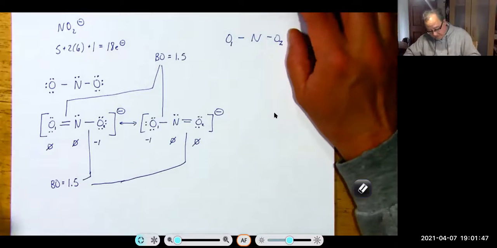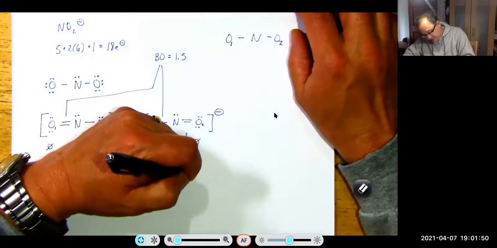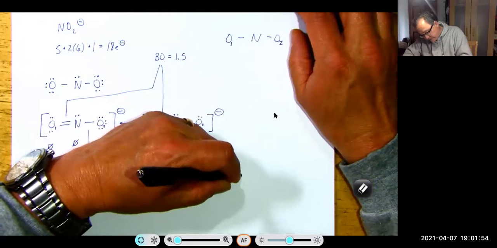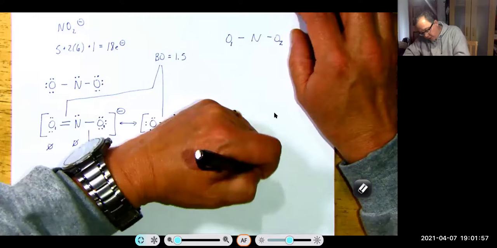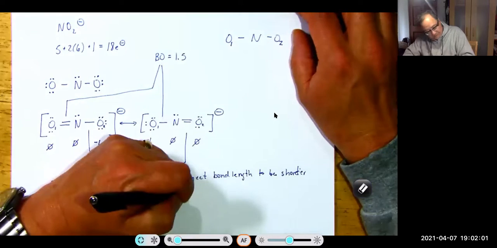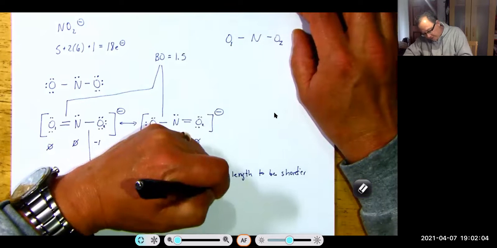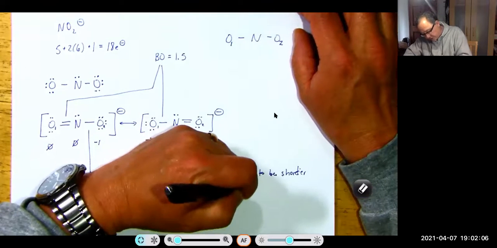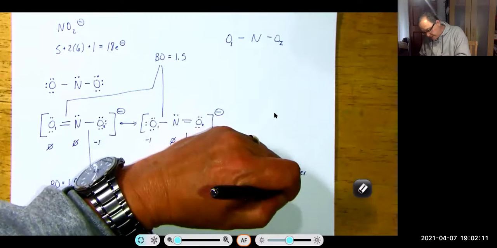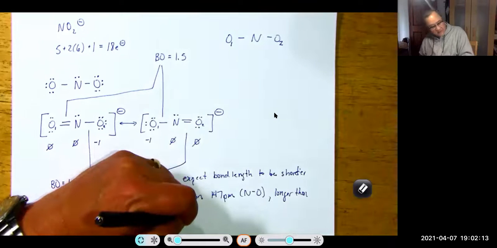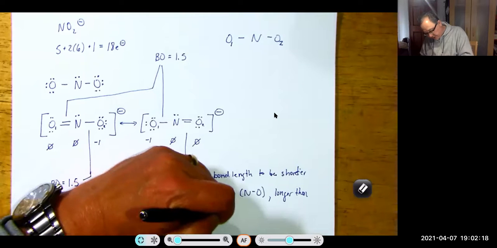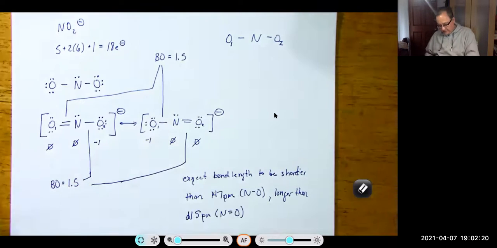It's a 1.5, and we expect the bond length to be shorter than 147 picometers because that's a nitrogen oxygen single bond, and longer than 115 picometers because that's a nitrogen oxygen double bond.